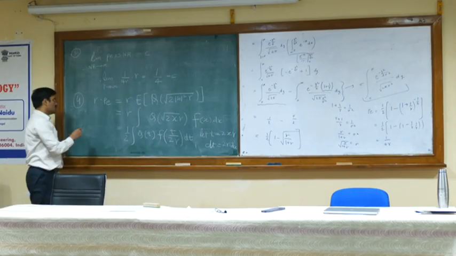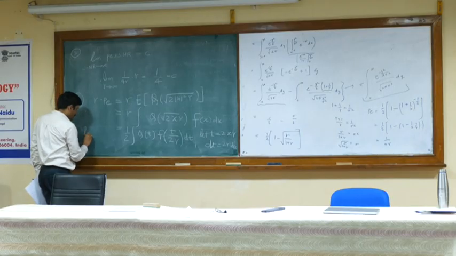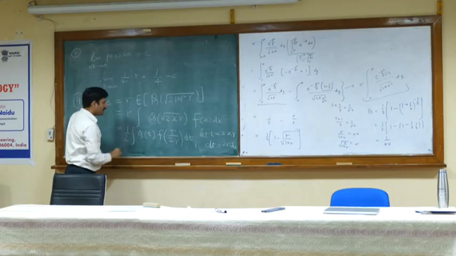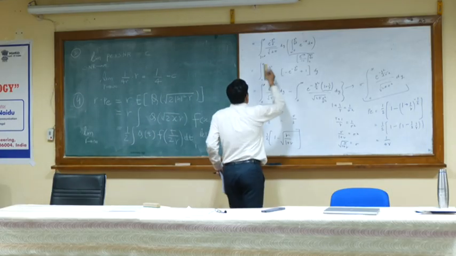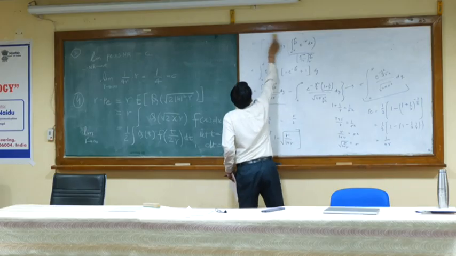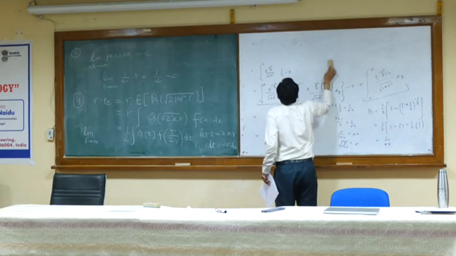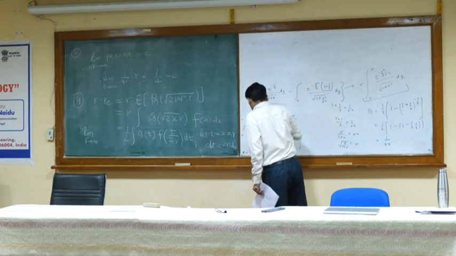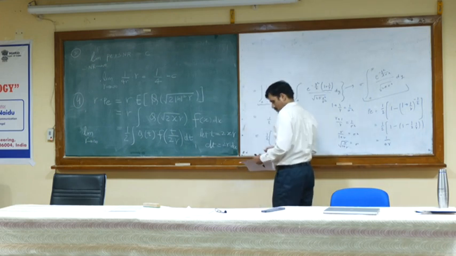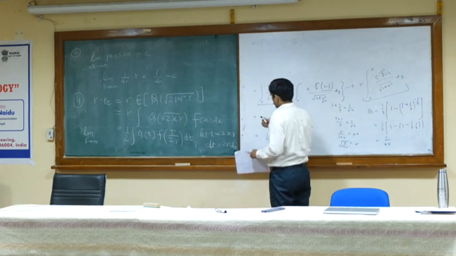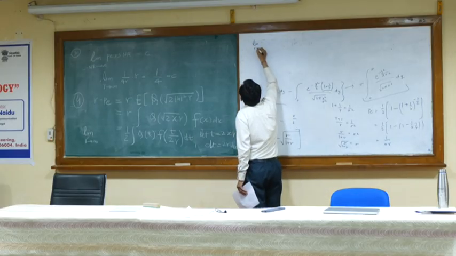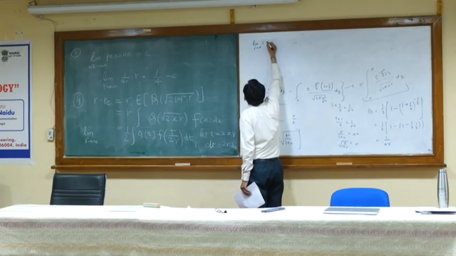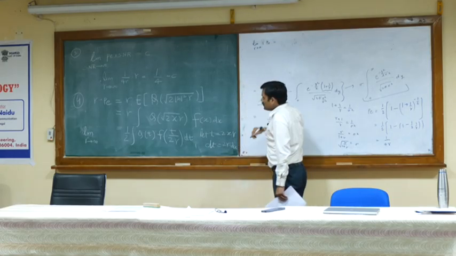So if we now put limit gamma tends to infinity, what will we get? Let me write here: limit gamma tends to infinity, gamma into PE is equal to what?